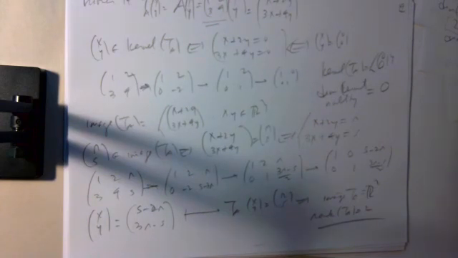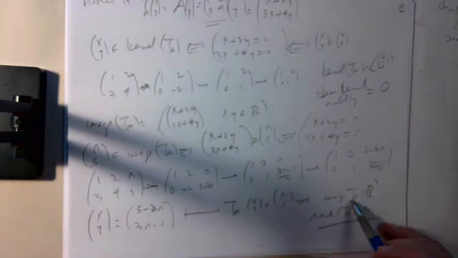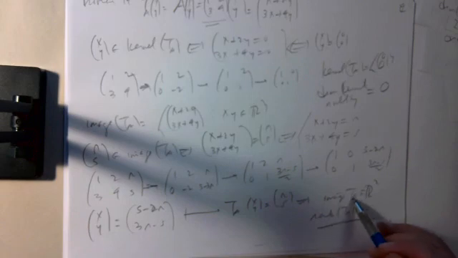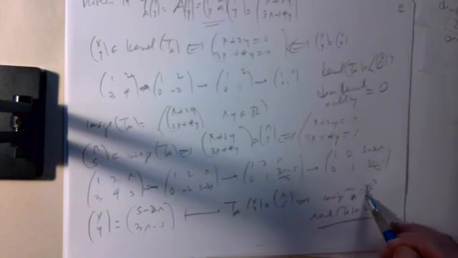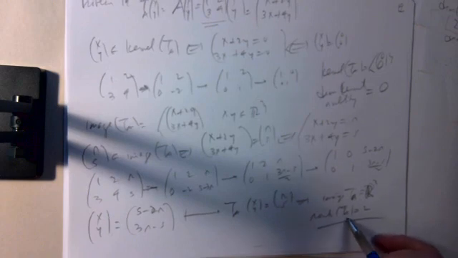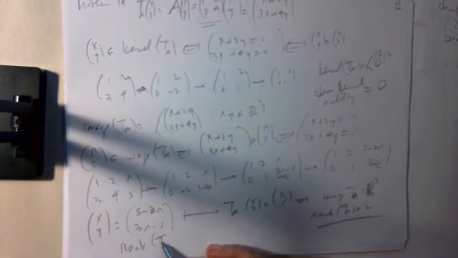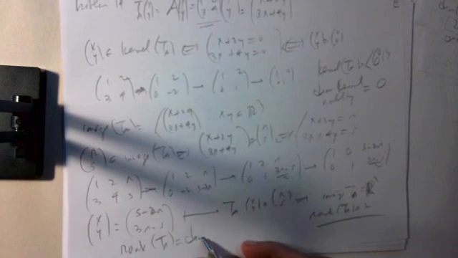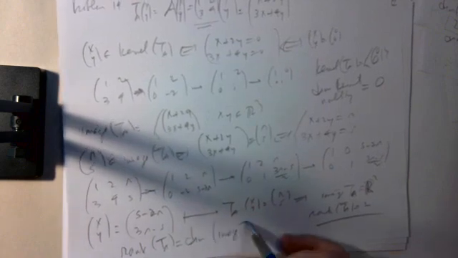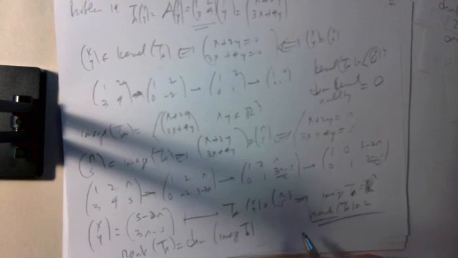Okay, so why is the rank equal to 2? Because the image of T sub A is R2. And the definition of the rank is the dimension of the image of the linear transformation. So the rank of T is the dimension of the image of T. That's the definition of the rank of a linear transformation.